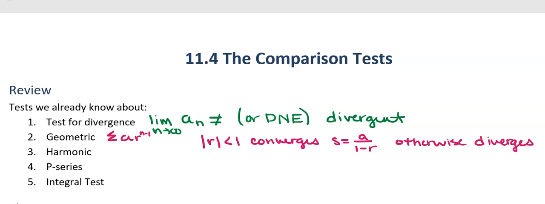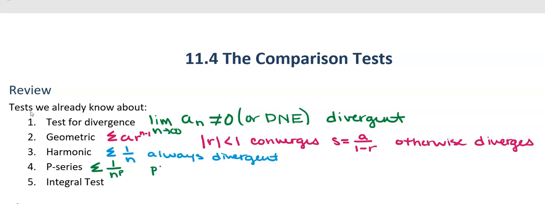Then we have the harmonic series. The harmonic series is when you have it in the form 1 over n, and that is always divergent. Next, we have the p-series, which is when you have it in the form 1 over n to the p power.